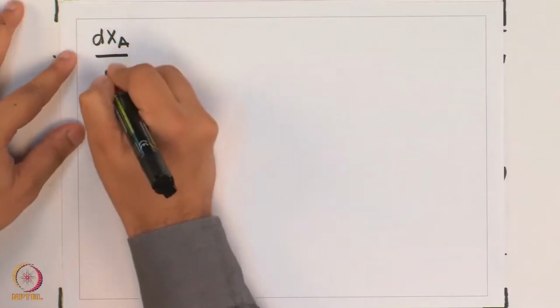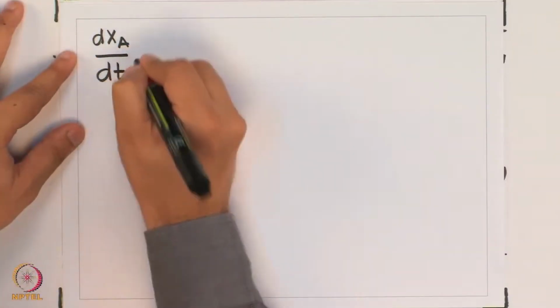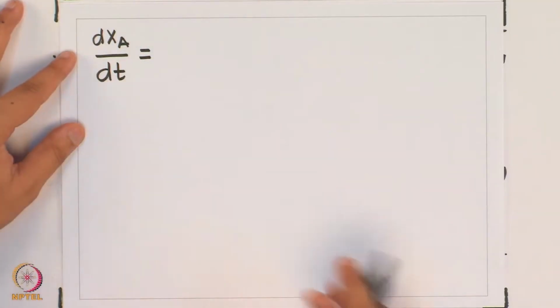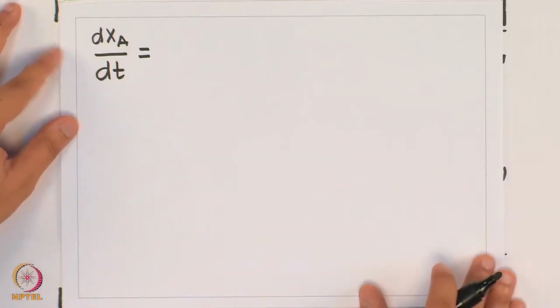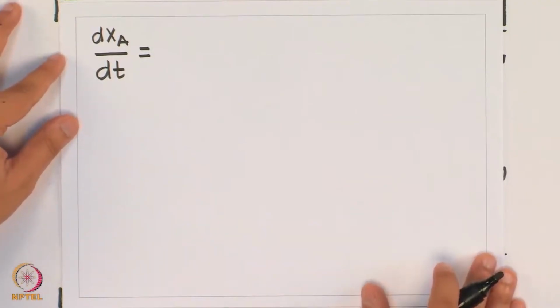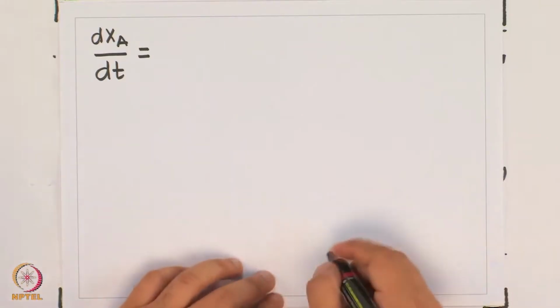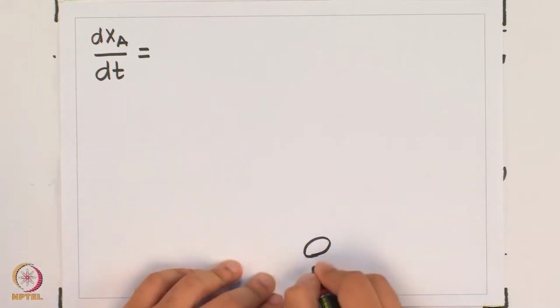Let's start with dx_A/dt. Imagine again, for the sake of clarity, let's draw the picture once again.